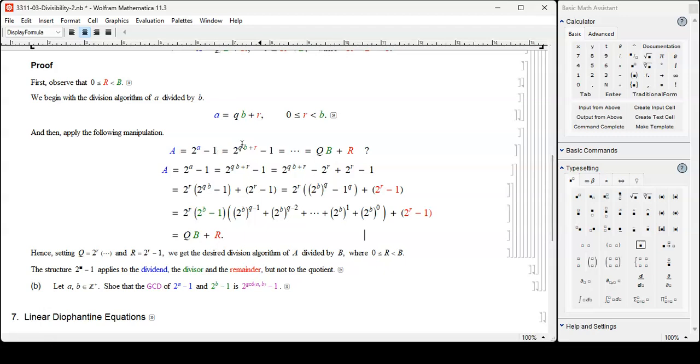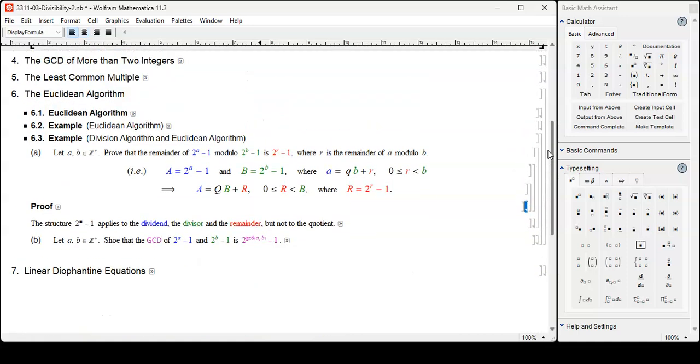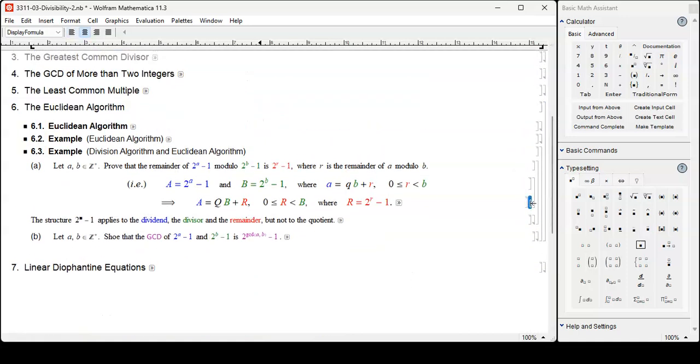Aside from the power part, we don't really need bigger font. It's easier to read it this way. So we got this capital A is capital Q times capital B plus capital R, precisely the way we want it. So that completes the proof. Capital R given by the same structure is indeed the remainder.